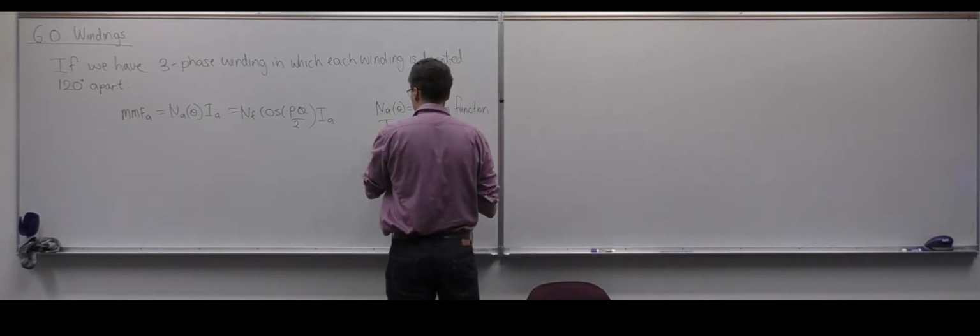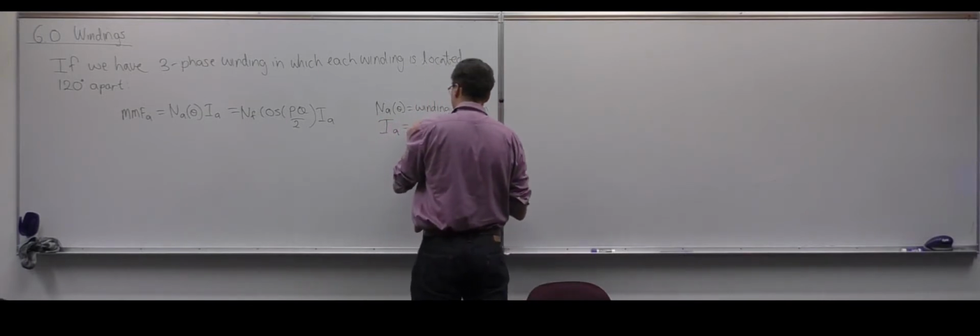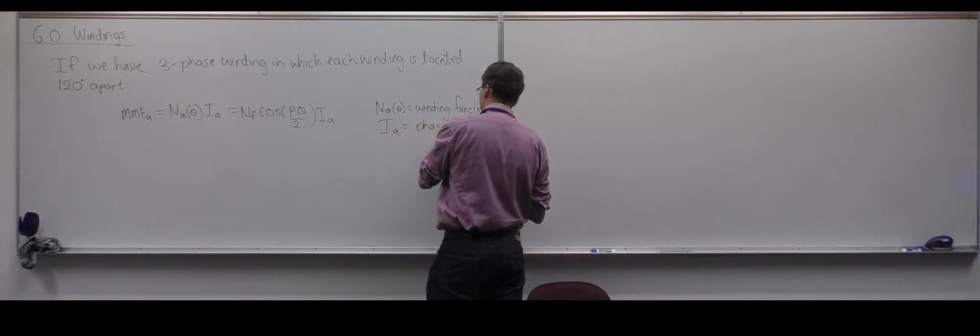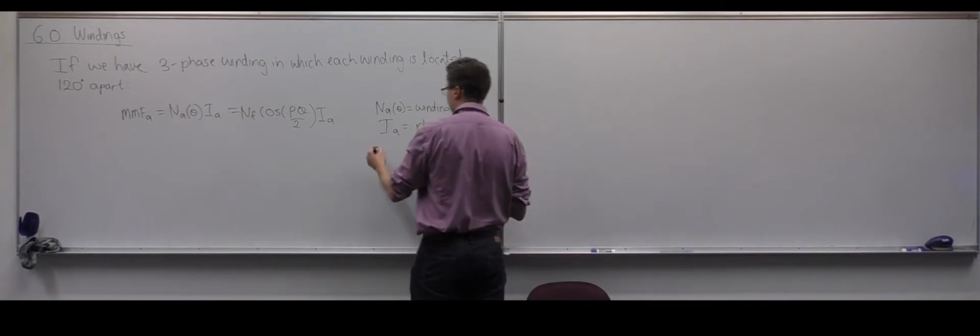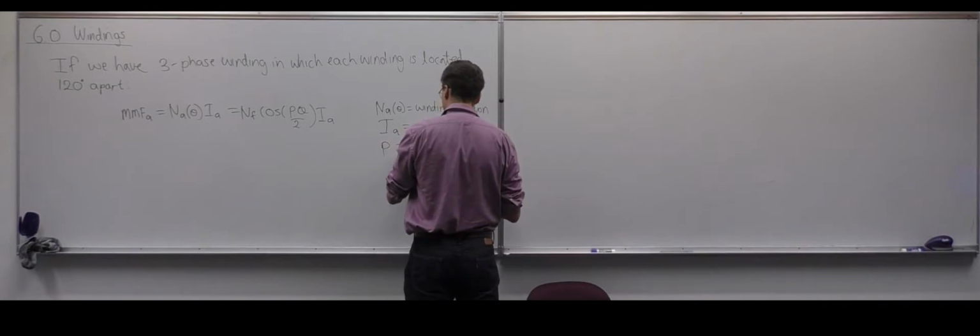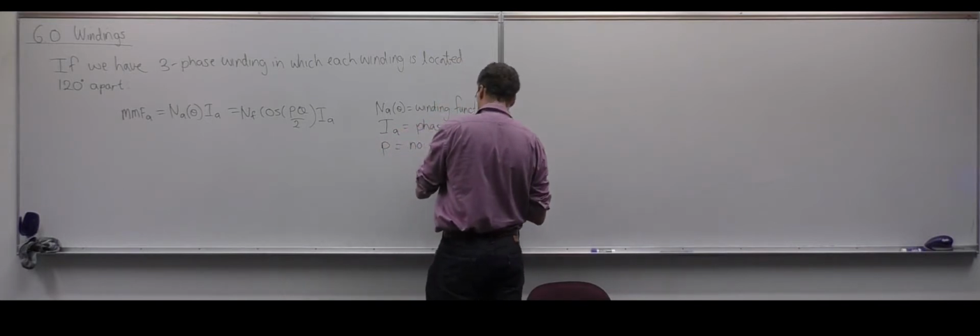And then IA is a phase current, and P is the number of poles.